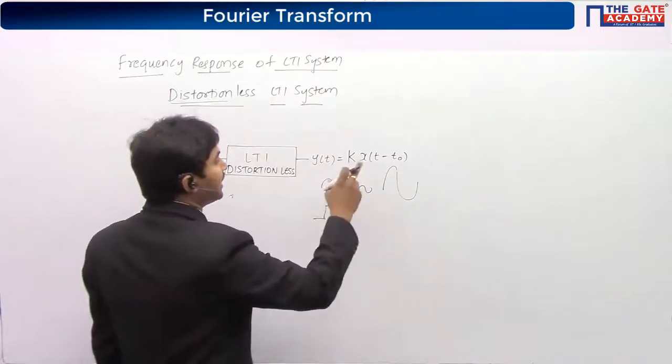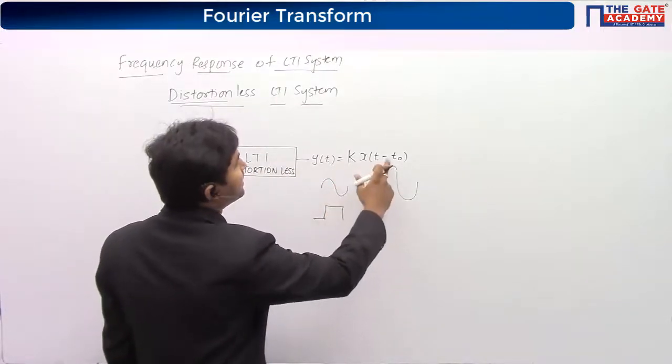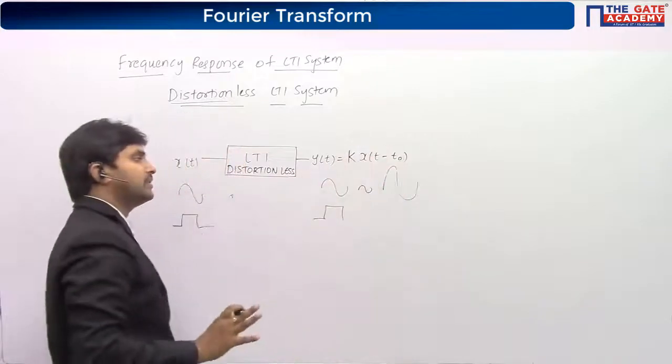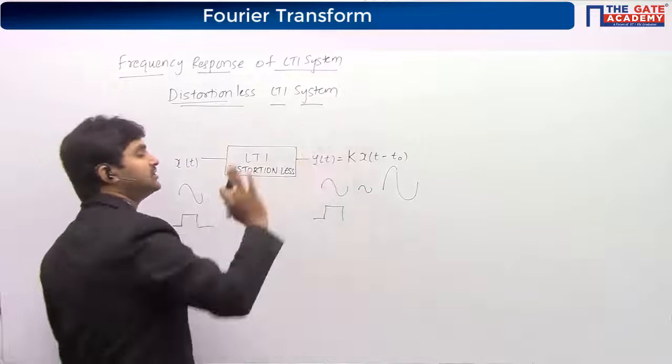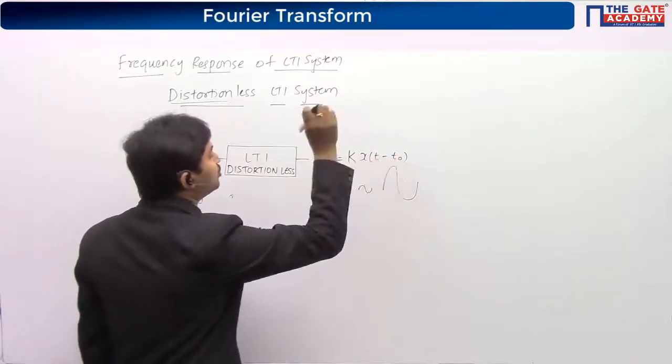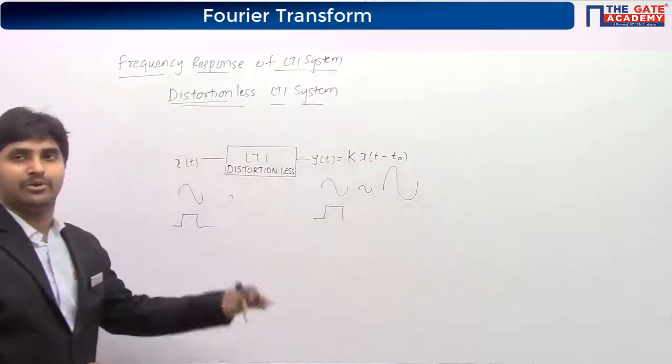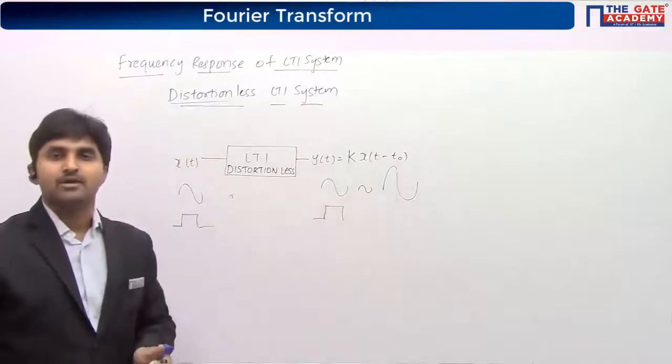So I consider k multiplied by x of t minus t naught. Here I am allowing the magnitude to change, and also some delay because you are passing through the system. So y of t is equal to k multiplied by x of t minus t naught.